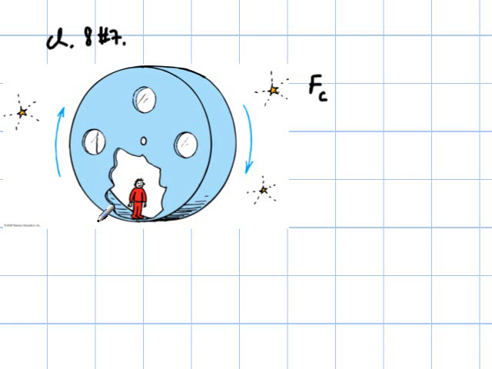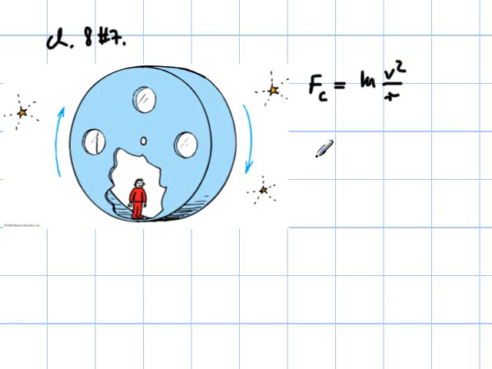His body wants to go out, and that's what we mistakenly call a centrifugal force, which doesn't exist. But there's actually a centripetal force that pushes him towards the middle, and that's the floor. So the floor pushes towards the middle, and the centripetal force, on the right hand side of Newton's second law, is written as m times v squared over r.